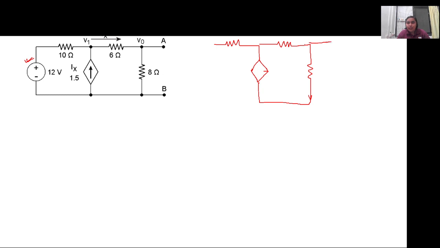So we will just assume whatever the voltage here will be equal to V Thevenin, right? So what we will do is we will give a 1 ampere current source, I equal to 1 ampere, across this terminal AB, and we will keep the rest of the circuit as it is.